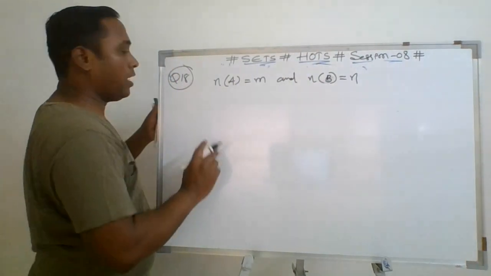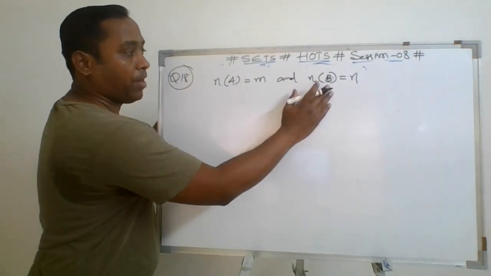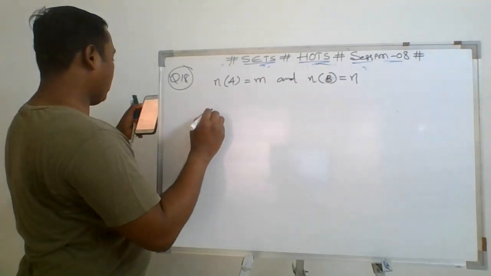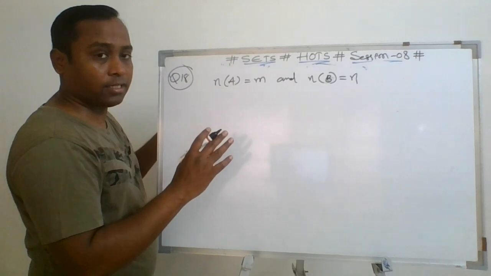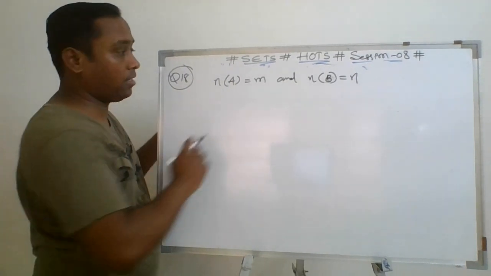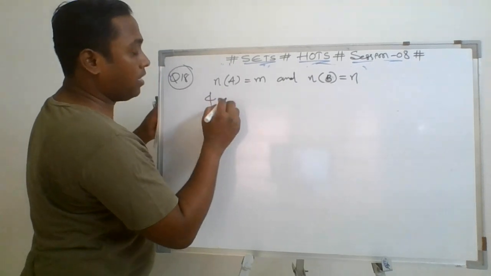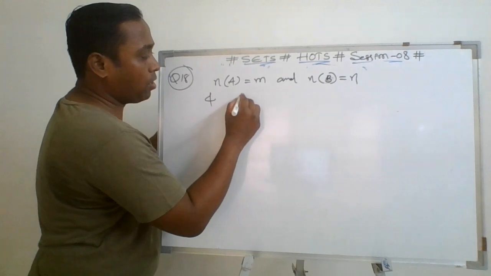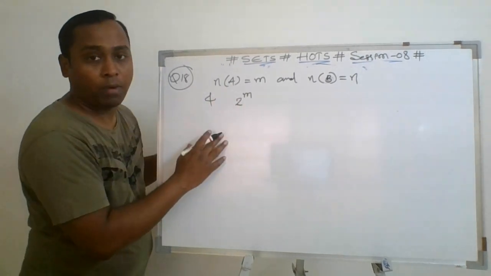They are saying that there are two sets A and B having the finite number of elements m and n, and the number of subsets of the first set is 112 more than the number of subsets of the second set. And if set A has m elements, the number of subsets would be 2 power m.